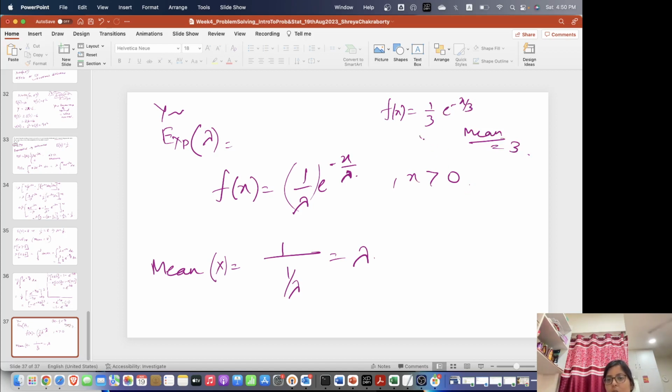But if you have something given as f(x) equal to 3 e to the power minus 3x, then you have to see mean equal to 1 by 3. So this is one small thing where sometimes there might be confusion. So just be careful about the parameterization of the PDF, how it is given.